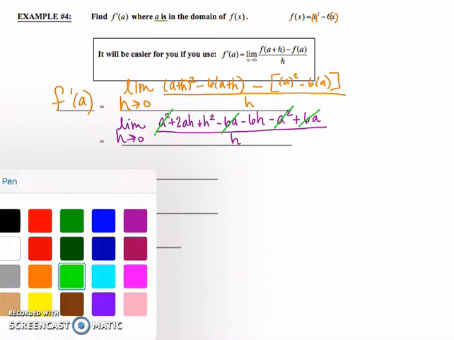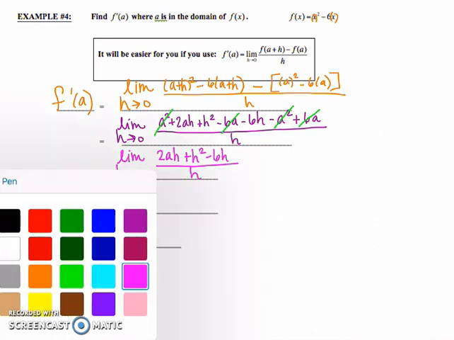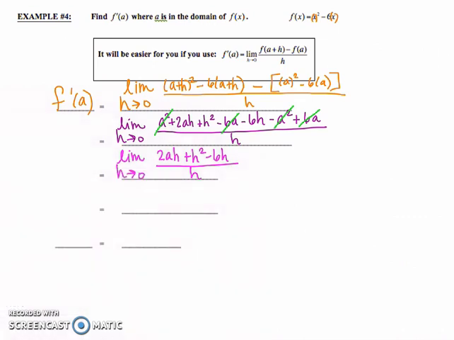So then we are left with the limit as h approaches 0 of 2ah plus h squared minus 6h all over h. And then again, our next step is going to be to factor that h out of the numerator, just like we have done, I think, 3 times already today.